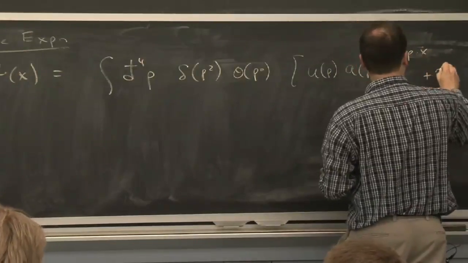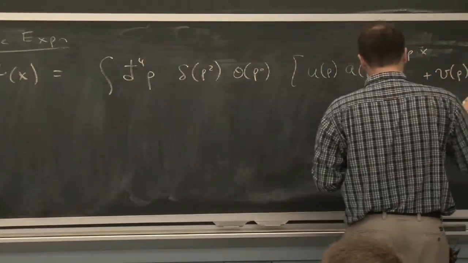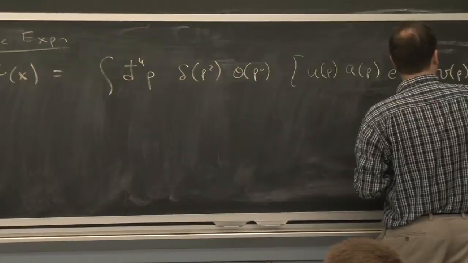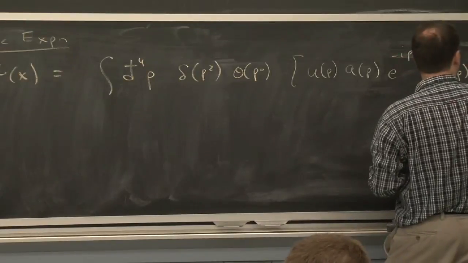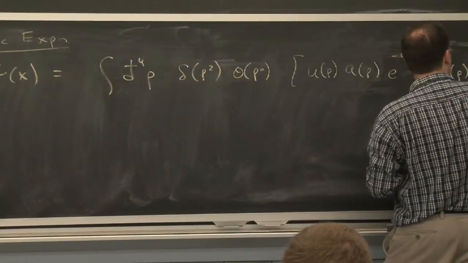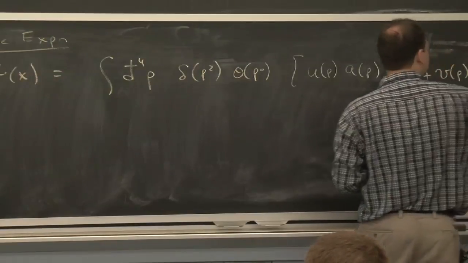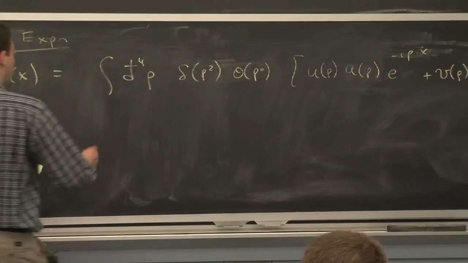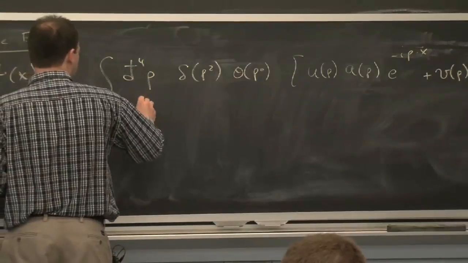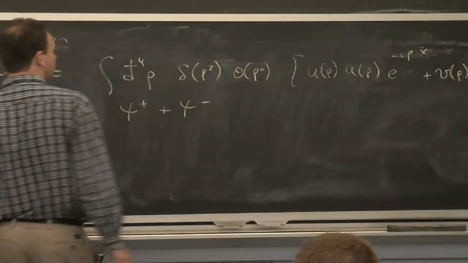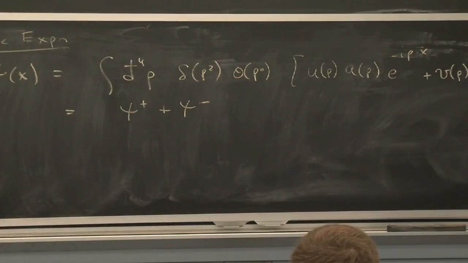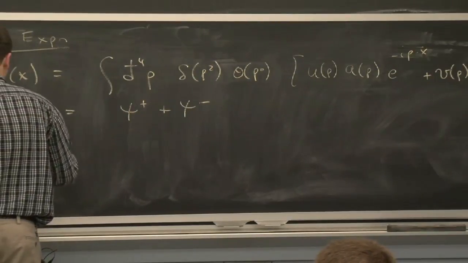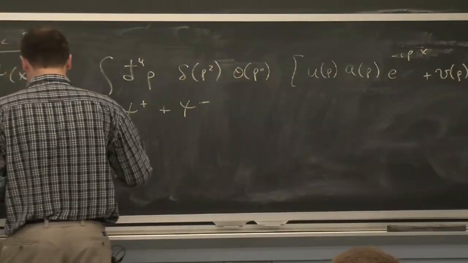And then we have this antiquark part, with b daggers, and the e^{+ip·x}. So let me think of that as a psi plus and a psi minus. And we've so far only talked about psi plus.